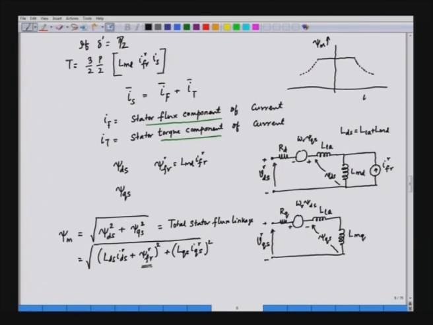As the speed increases up to the base speed, omega r b, the flux remains constant, and then after omega r b the flux decreases. In fact, this is the field weakening, and this corresponds to constant flux operation.